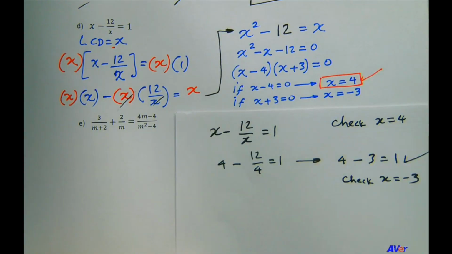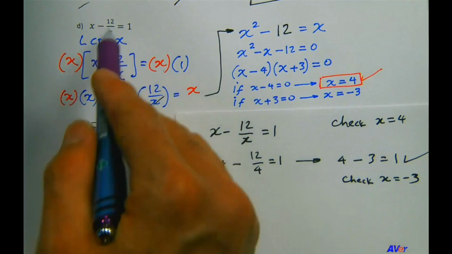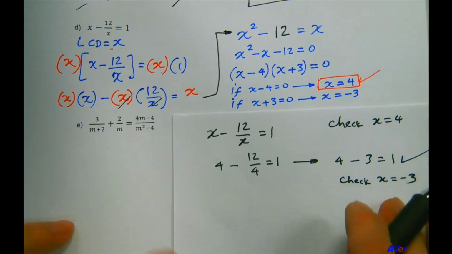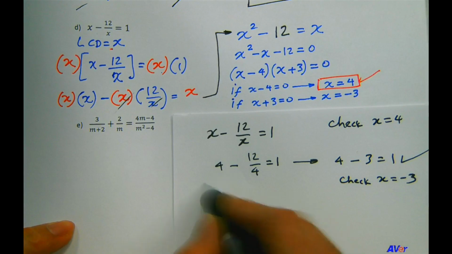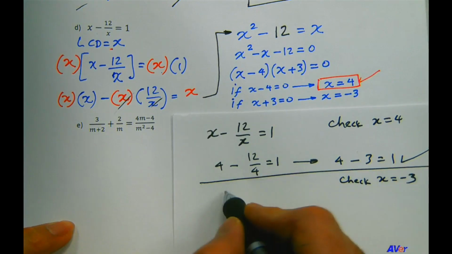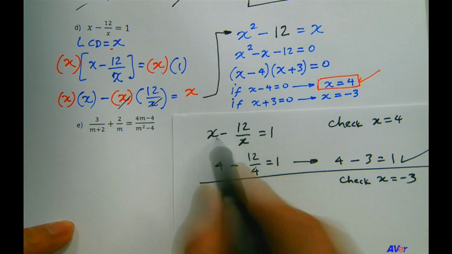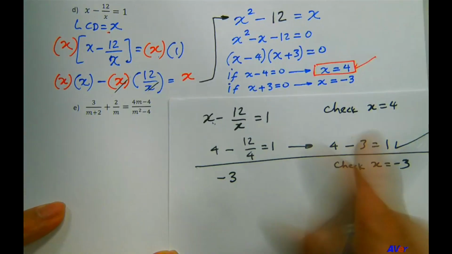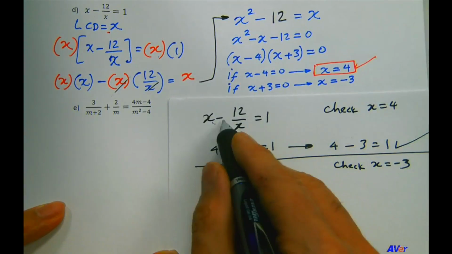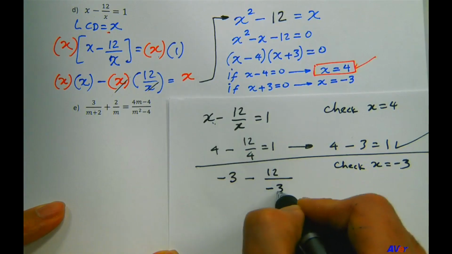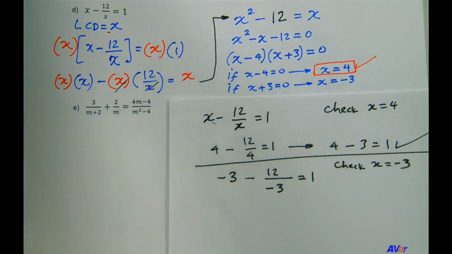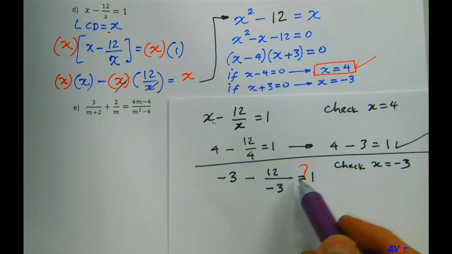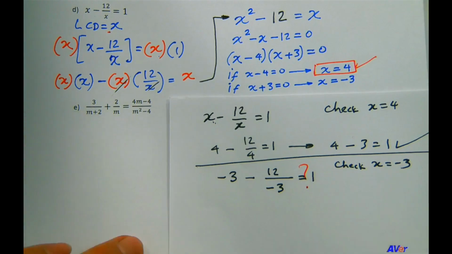We accept it. Now we have to check -3 back into the original equation. Let's see. So I'm going to plug in -3 here. -3 minus 12 over -3 equals 1. We're asking if this is true, if both sides are equal to each other after we plug in -3, right?